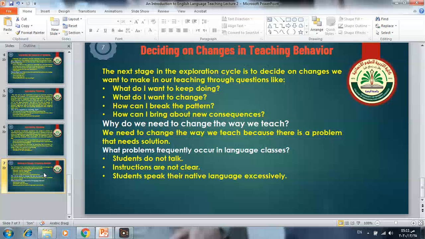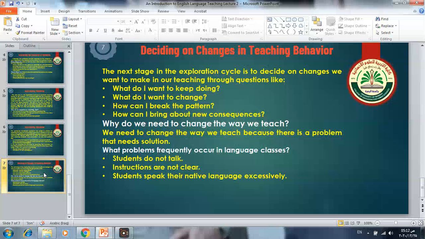Then, what do I want to change? Now, what things do you really feel need change, and you have to decide what these things are. How can I break the pattern? Sometimes you feel that you keep repeating the same thing frequently, and this makes a pattern. Now you ask yourself, how do I break that pattern?